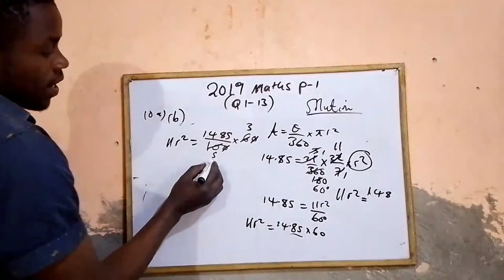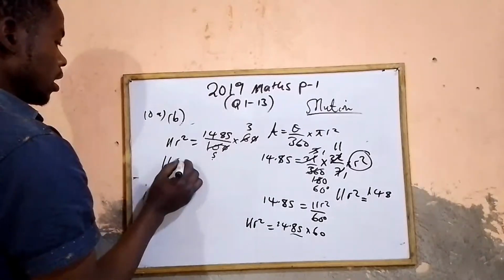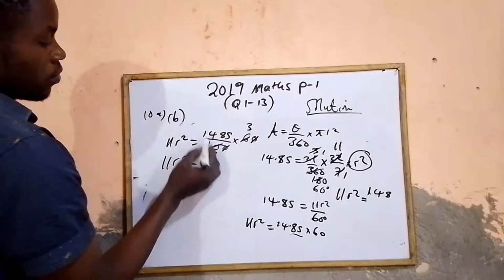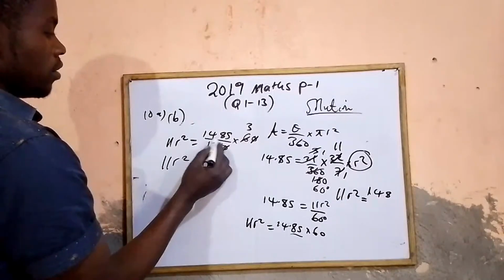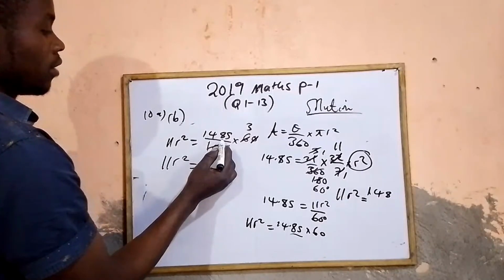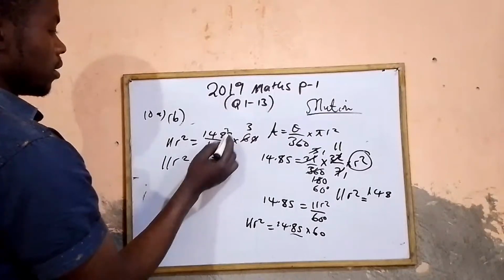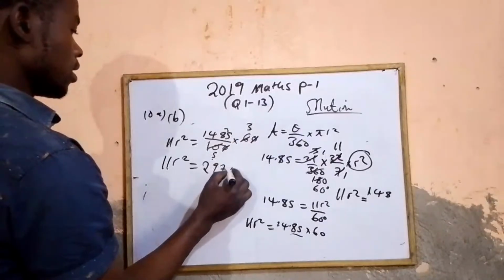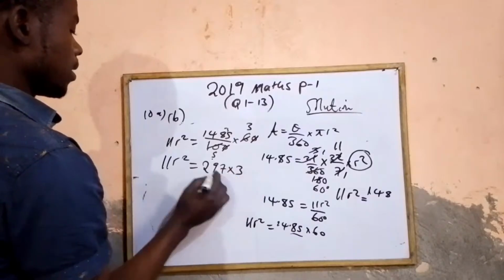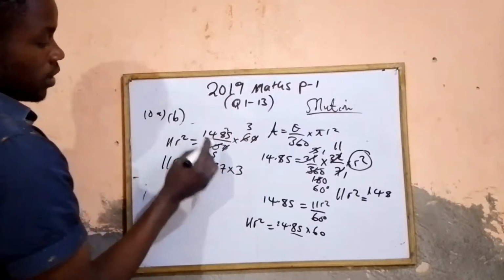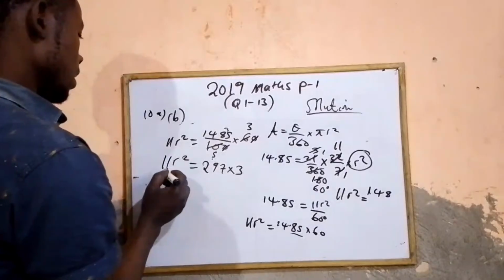And 5 into 1485: 5 into 14, it is 2, remainder 4. 5 into 48, 5 into 45, it is 9, remainder 3. 5 into 35, it is 7. So it is 297 times 3, which is 891.